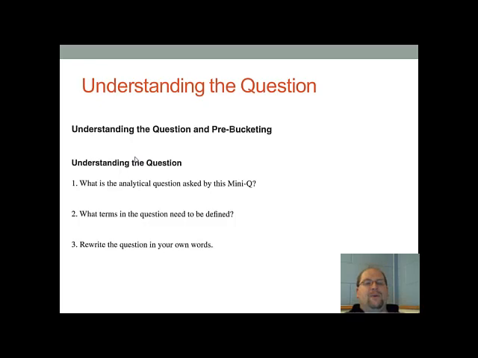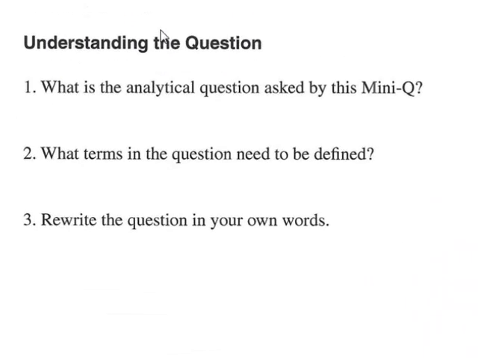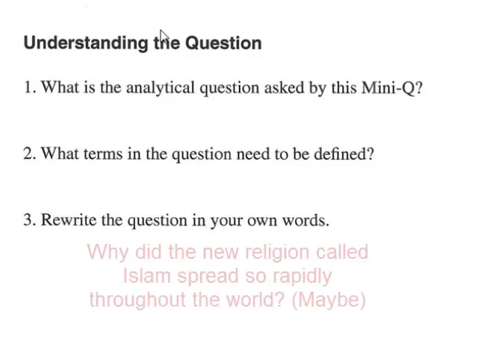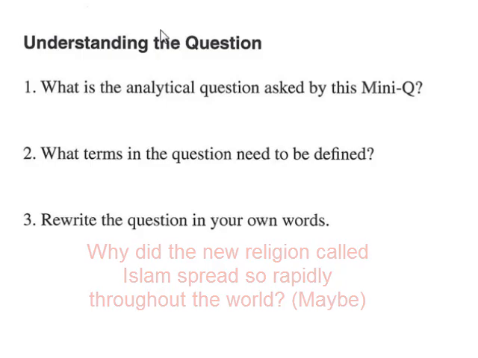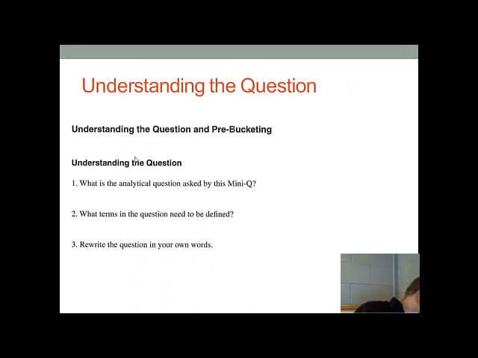Alright, number 3, rewrite the question in your own words. This is, again, knowing how to paraphrase, saying the same information, in this case, the same question, in a different way. You can reword it, you can completely change a couple words out, or you can just completely redo the entire sentence. The purpose of this is to make sure that you understand what the question is asking. So, for example, we have, why did Islam spread so quickly?